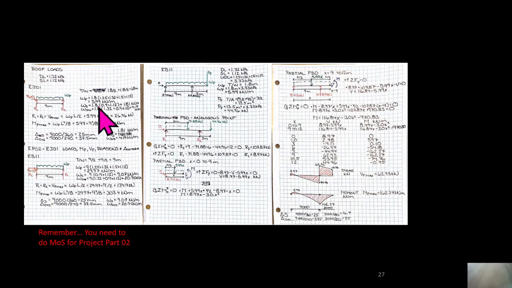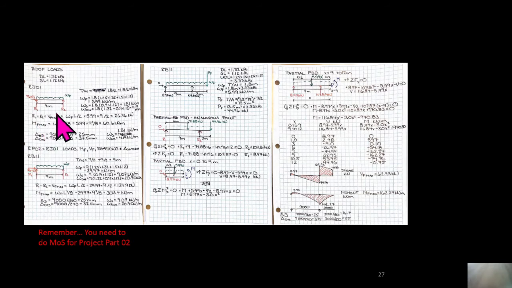Dead and snow: 1.8 tributary width times my unfactored dead plus my unfactored snow multiplied by 0.9 for my serviceability importance factor, and I get 4.19 kilonewtons per meter.